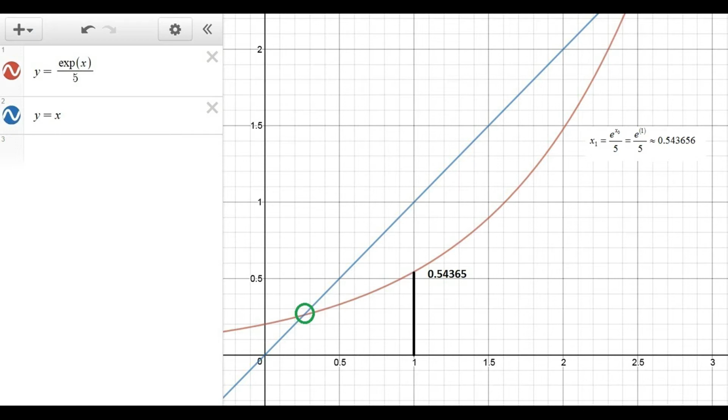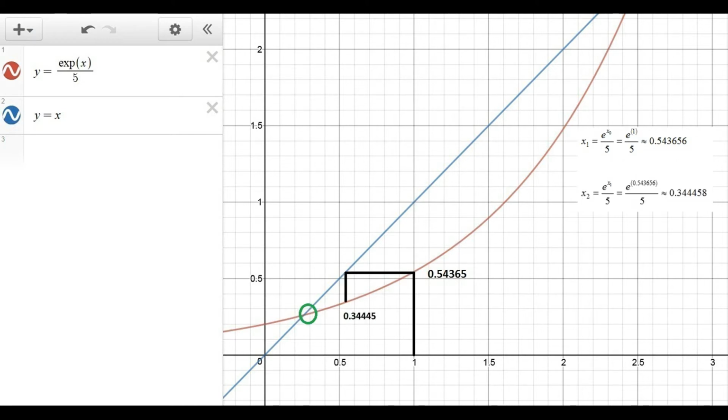So if we see in the next screenshot, we've taken that value of 0.543656, that is our new x value, that we put into our iterative equation, and once we substituted it in, we had another value. So let's go to the next screenshot.